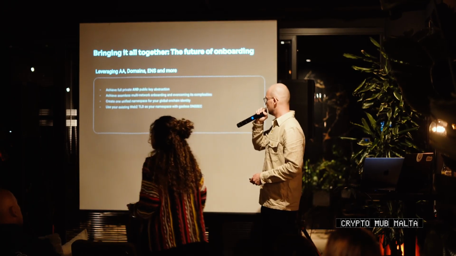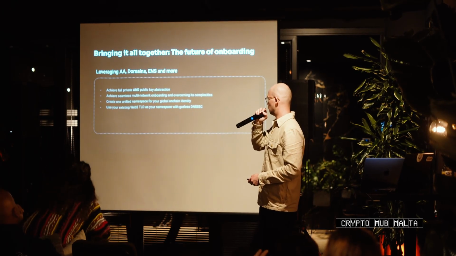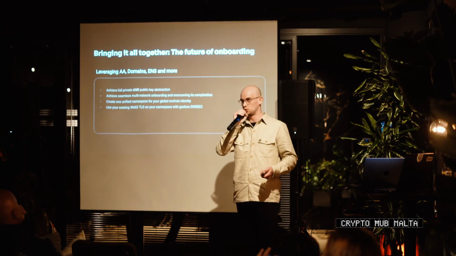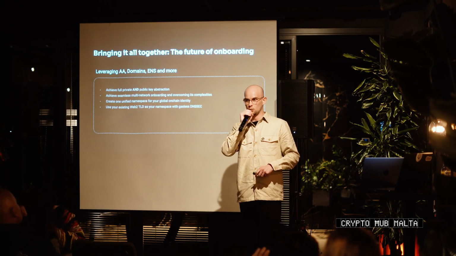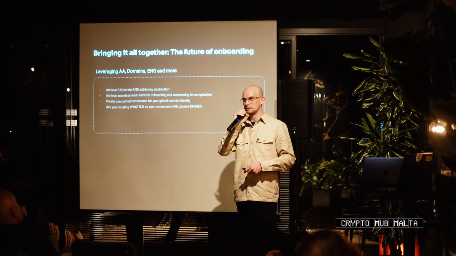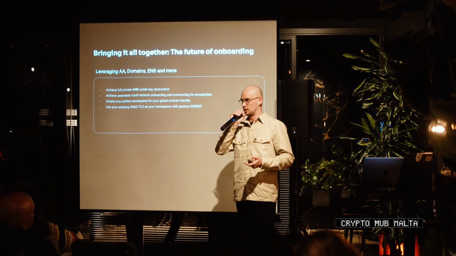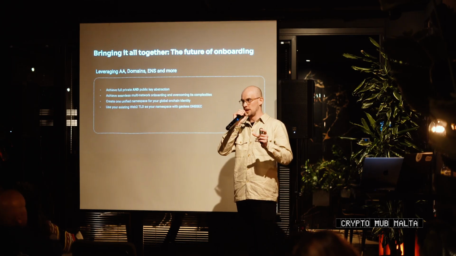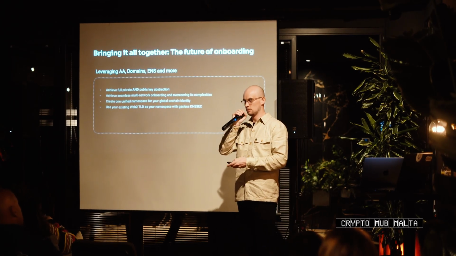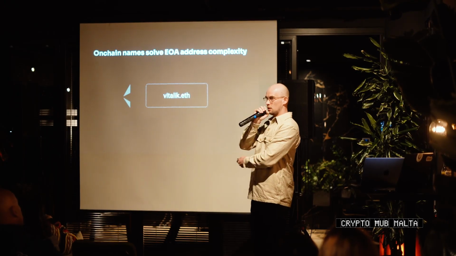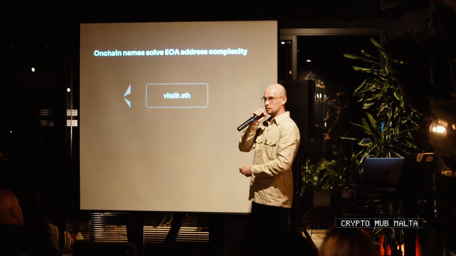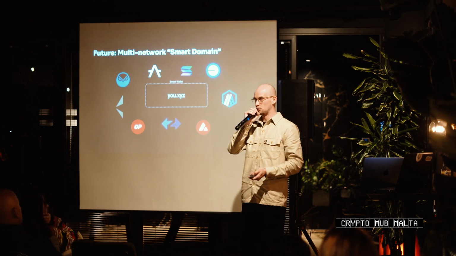Also, it is possible to transfer existing Web2 top-level domains into a smart wallet, because with gasless DNSSEC, you are able to transform an existing domain into a wallet address. So what I just showed you could also be google.com or db.de, and behind it, there could be a crypto wallet.